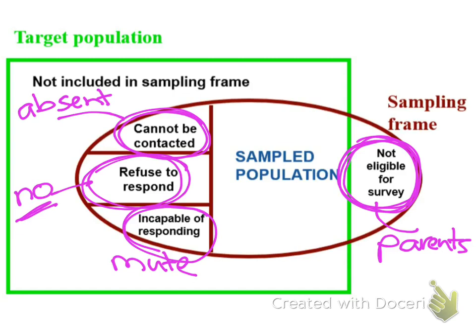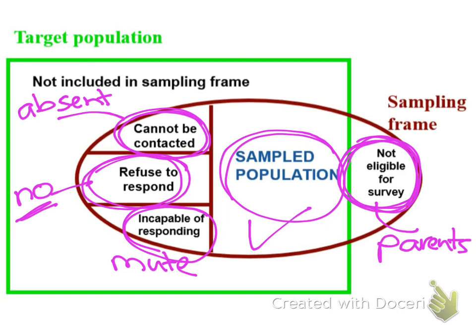And then the main group that I have are the people that I can actually collect data from. So the people I've gone up to and said, could you answer some questions? And they have said, yes, that's fine, and given me some answers. So that's my actual people that I get sample data from. So from all of the people in my target population that I'd like to gather information from, there are groups within that I don't collect data from.